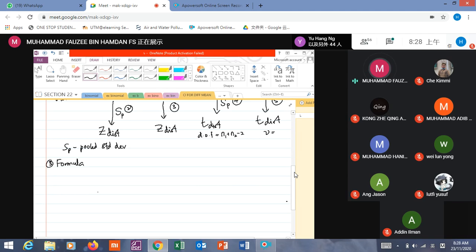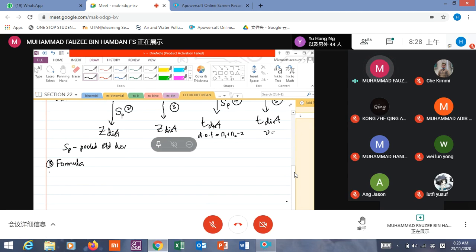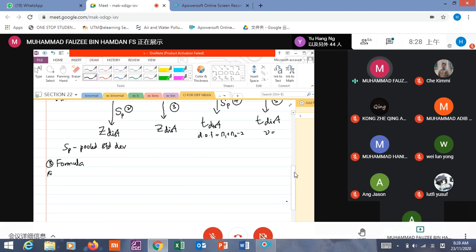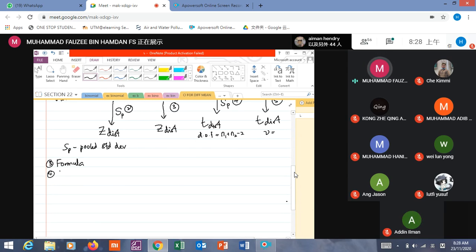After you look at the formula, number 4 is to use the formula B minus plus A alpha over 2 D. Now we try.